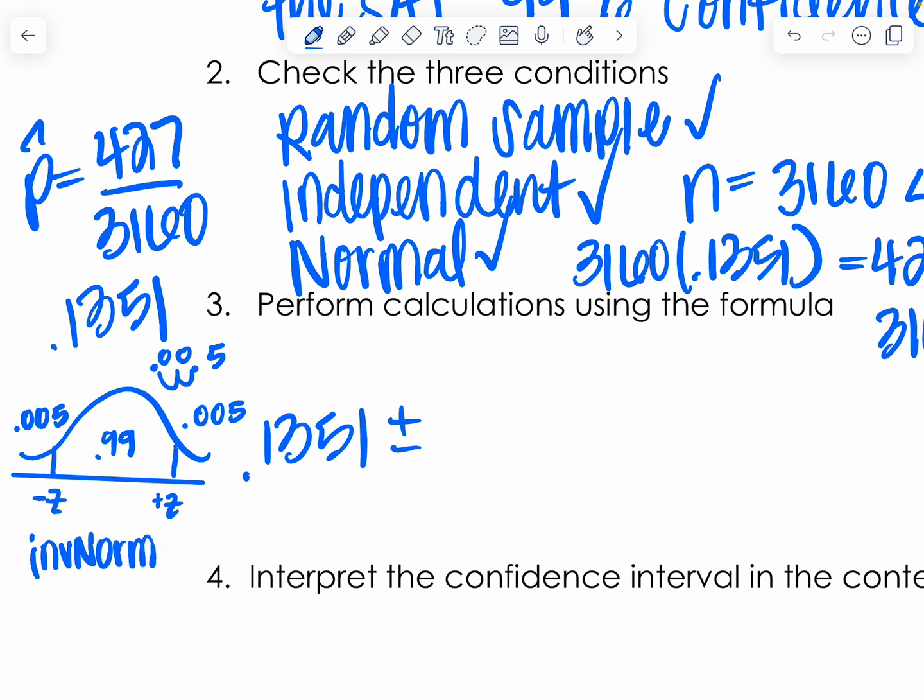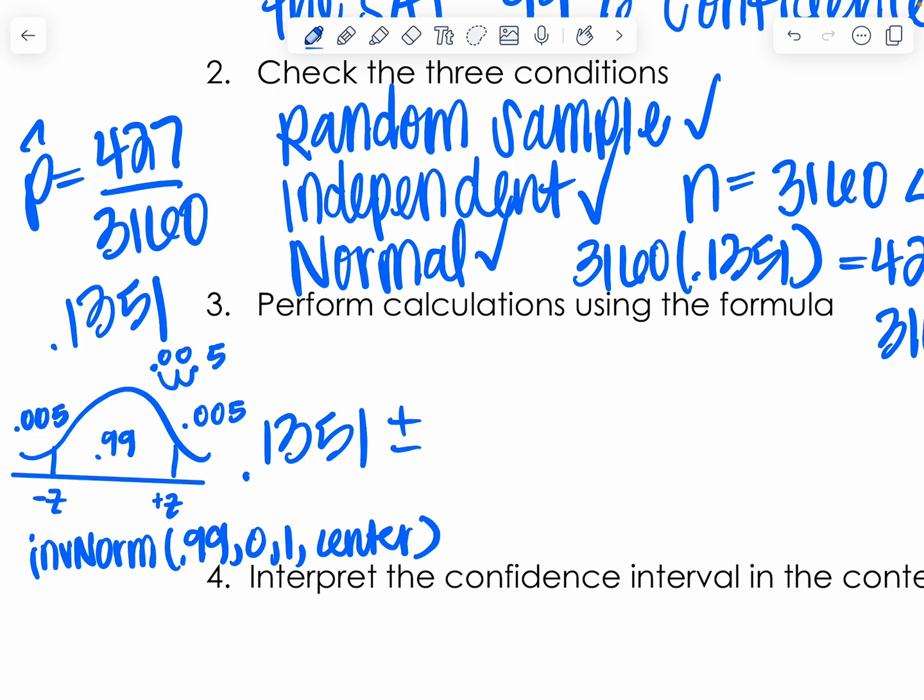So when we put that in our calculator using inverse norm, some of us will put that 0.005. I'll put 0.99, 0, 1, center. Because I can do that, technically I don't have to calculate that 0.005, but I'm just double checking that everybody caught that.